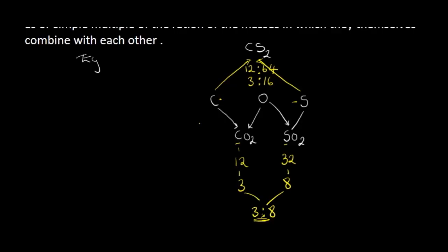So the ratio when carbon and sulfur combine is 3:16. Now, 3:16 is not exactly the same as 3:8, but it is a multiple of 3:8. So, the law of reciprocal proportion holds here. This is excellent.